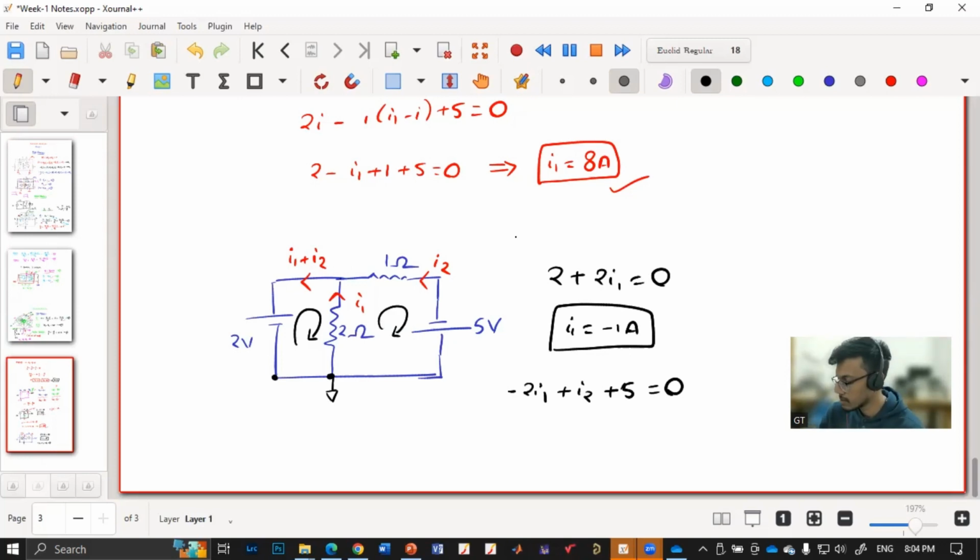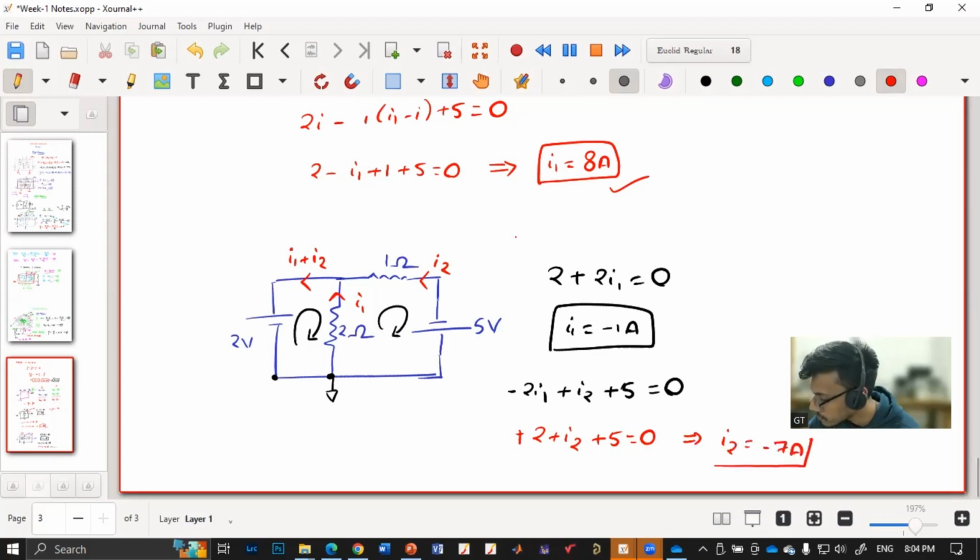So now if I substitute this, what will I get? Minus 2 plus I2, so plus 2 minus into minus, plus 5 is equal to 0. So I2 is equal to minus 7 ampere, right? Then what is my I1 plus I2? Minus 8 ampere.